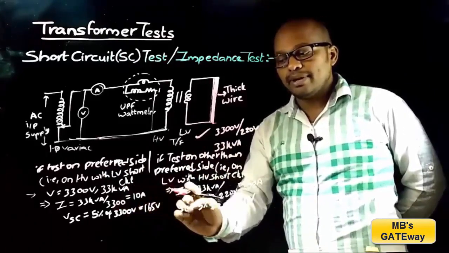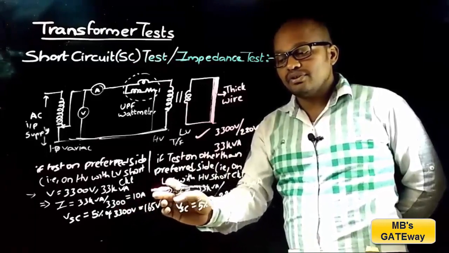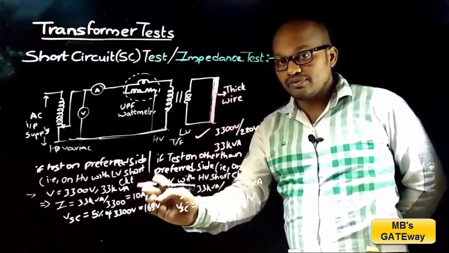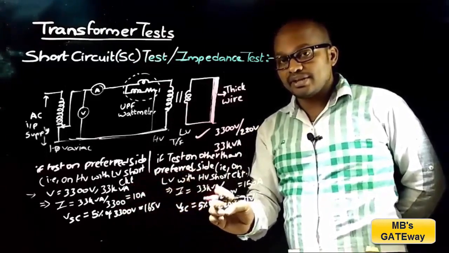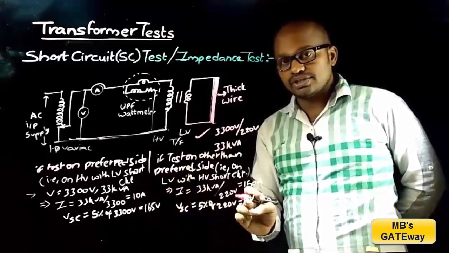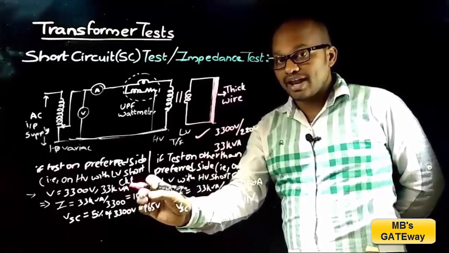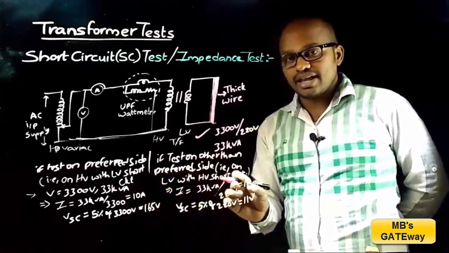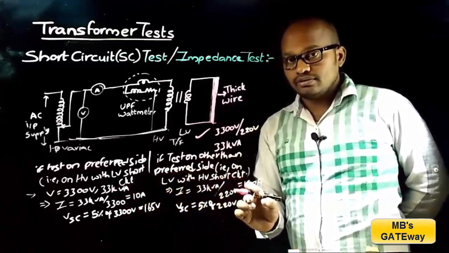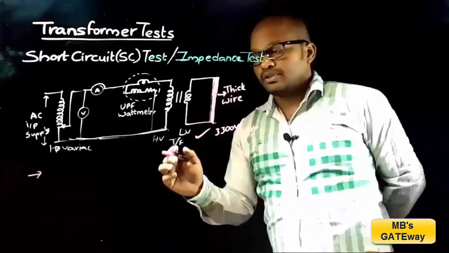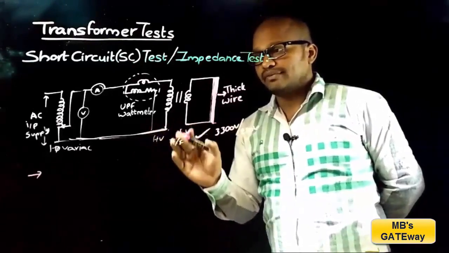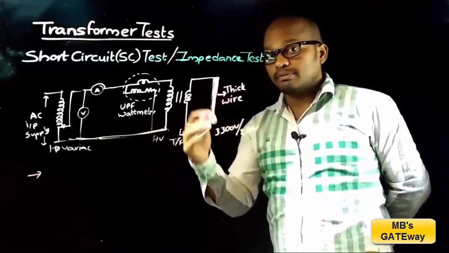And similarly, if you compare these two voltages, the accuracy of reading this voltage value is very high when compared with the accuracy of reading this voltage. As the accuracy in this case is good, so the results obtained are accurate. Whereas in this case, as accuracy is not good, the results will not be accurate. So here are the problems that we face if the test is performed on other than preferred side.